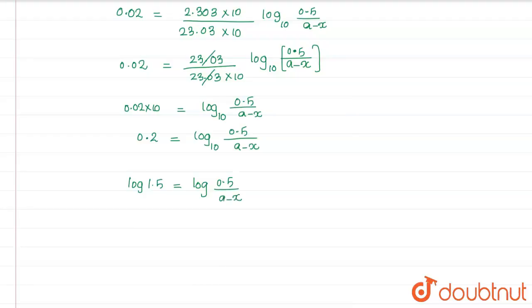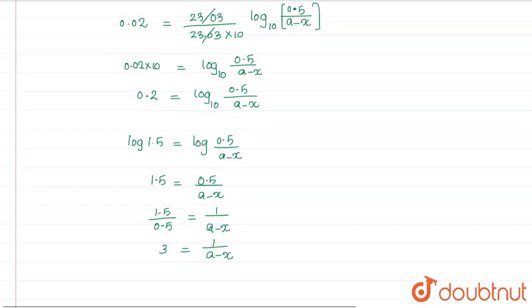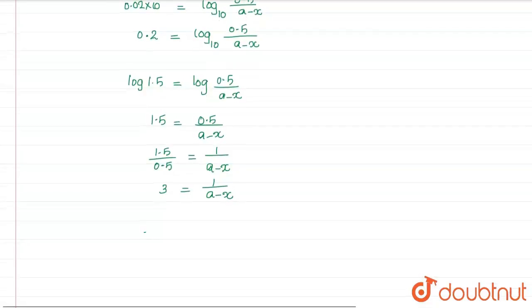So both sides there is logarithmic function, it will get cancelled. So we will get 1.5 is equal to 0.5 divided by A minus X. So if we take 0.5 to the left hand side, 1.5 divided by 0.5 is equal to 1 divided by A minus X. That is 3 is equal to 1 divided by A minus X. Okay, so A minus X is equal to 3.